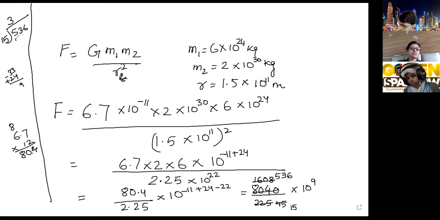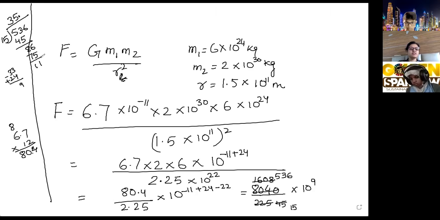15 3s are 45. 13 minus 5, how much? 8. And here it is 6. 15, how many times? 5s are. 11.